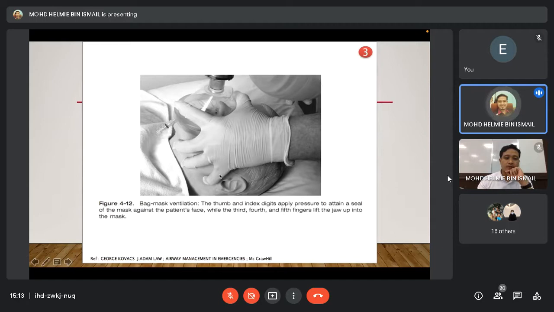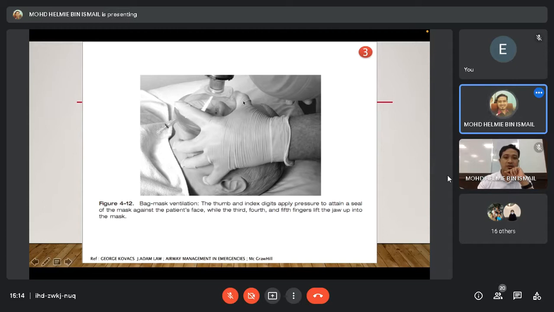So for bag mask ventilation, basically you have one operator. When the one who operates or ventilates the patient, you need to give this hand grip, basically the CE clamp.